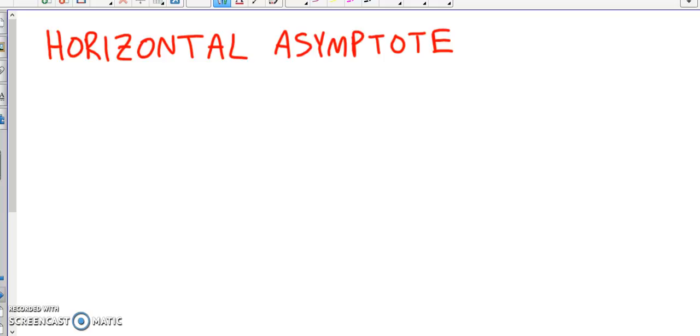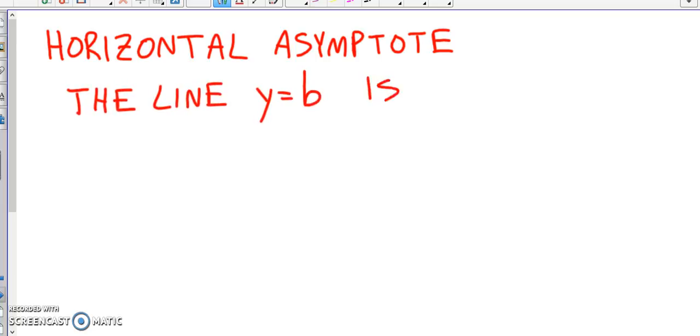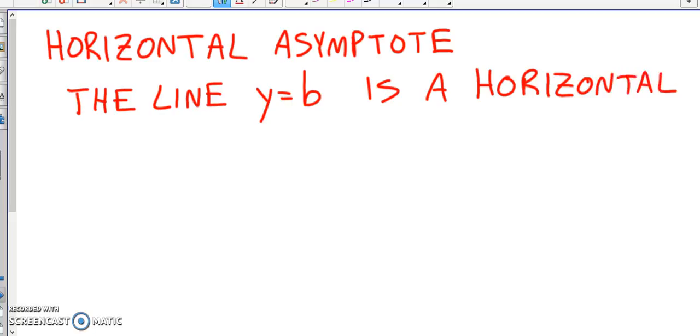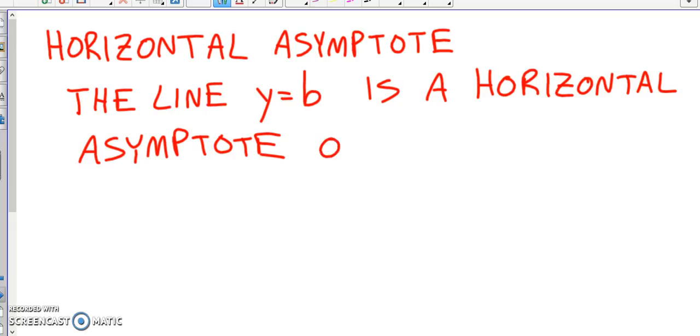So here we go. The line y equals b is a horizontal asymptote. Make sure you're careful how you abbreviate that, by the way.